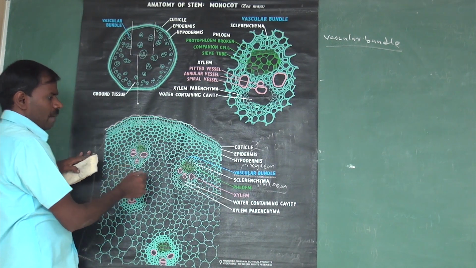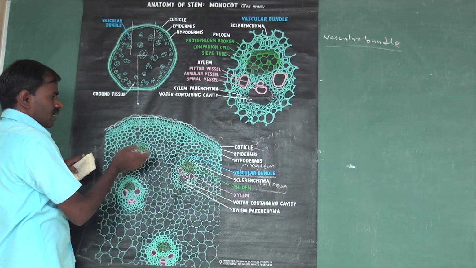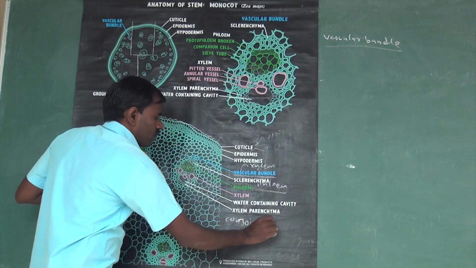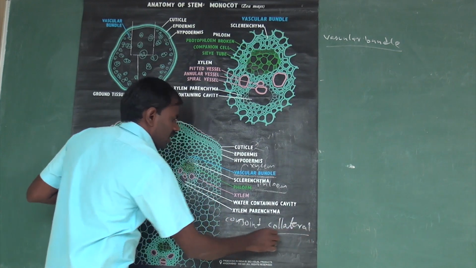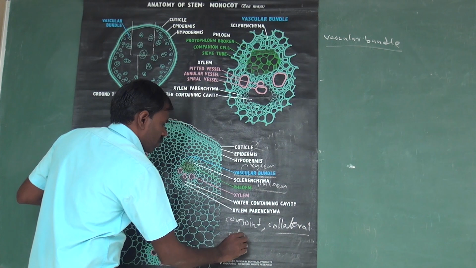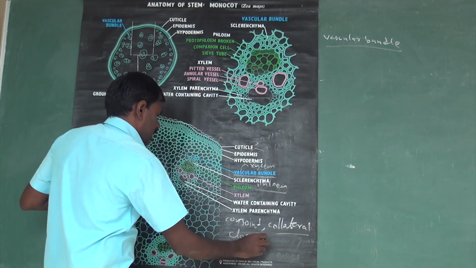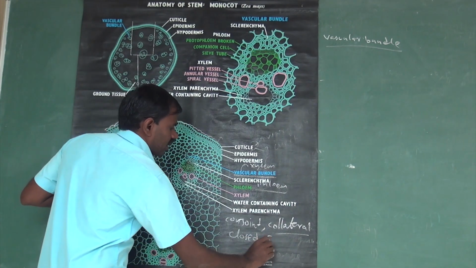The vascular bundles are conjoint, collateral and closed.